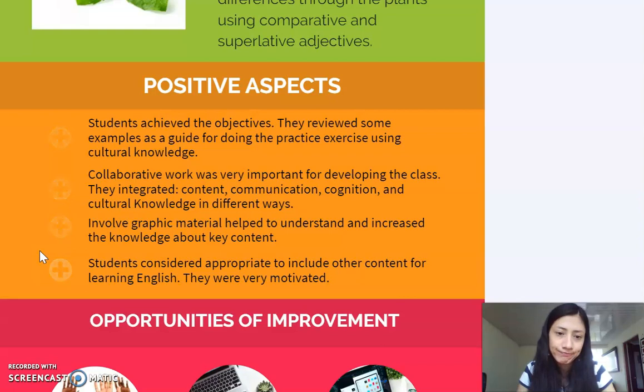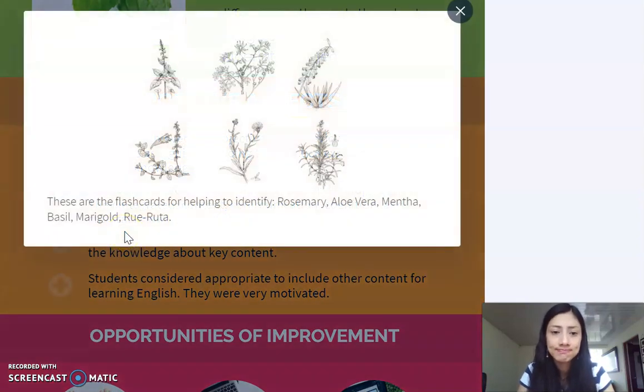In addition, the graphic material involved helped to understand and increase the knowledge about the key content. For example, the video helped to socialize the plants, the uses, and the characteristics. And the flashcards helped to identify the local plants.